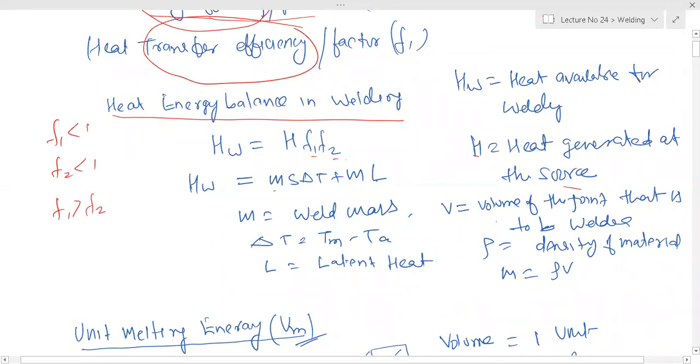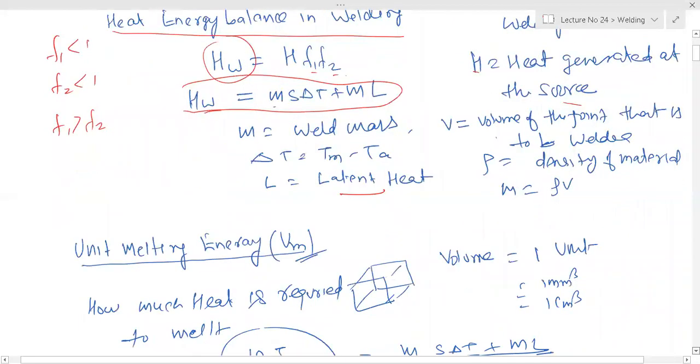The heat required to melt the weld mass M must be equal to the heat received to melt. Then only welding will be possible. We have already discussed this.